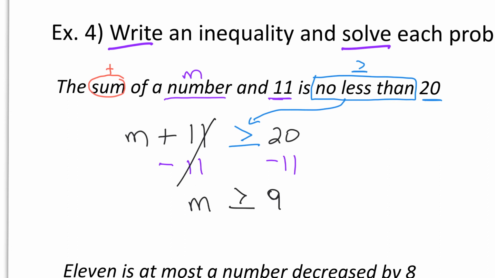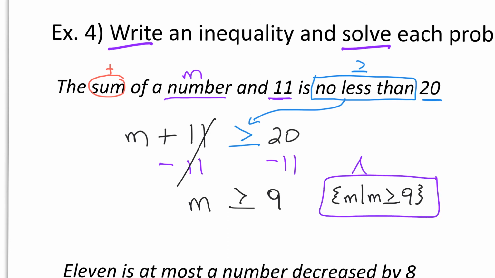The set notation will be m such that m is greater than or equal to 9. So we can say this is our answer, our set notation. We translated that sentence into an inequality, and we got the answer.